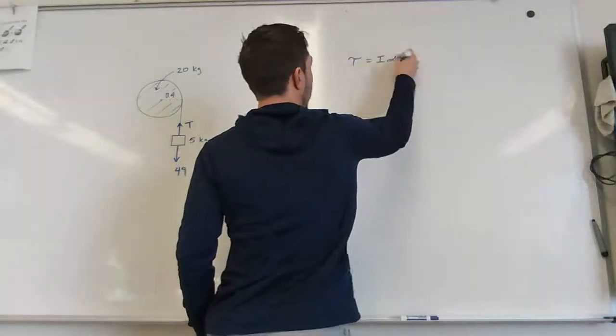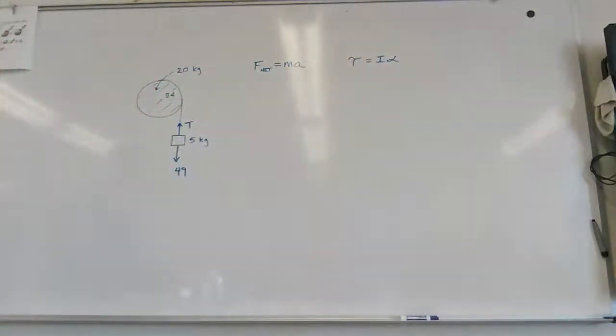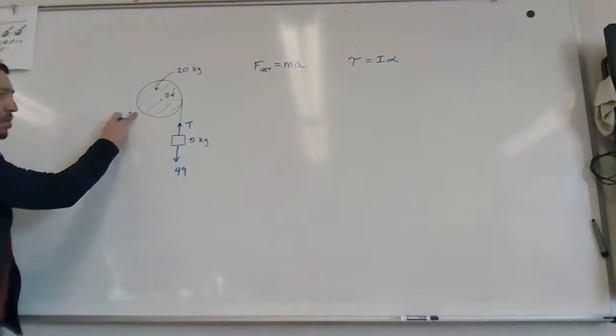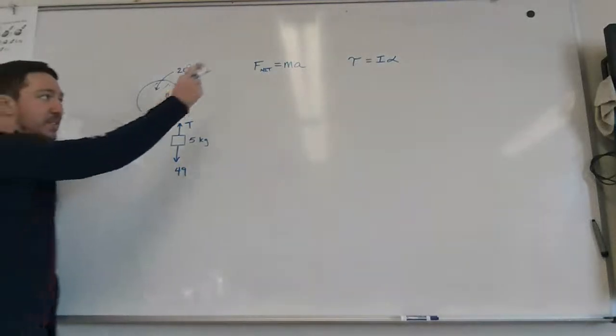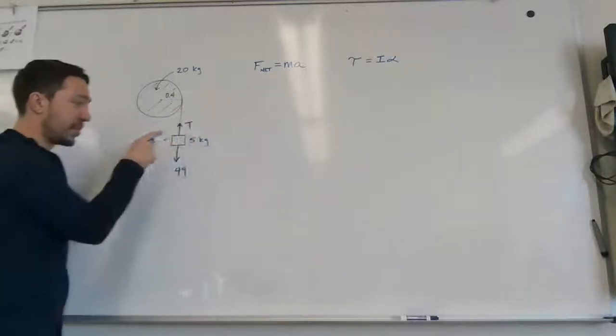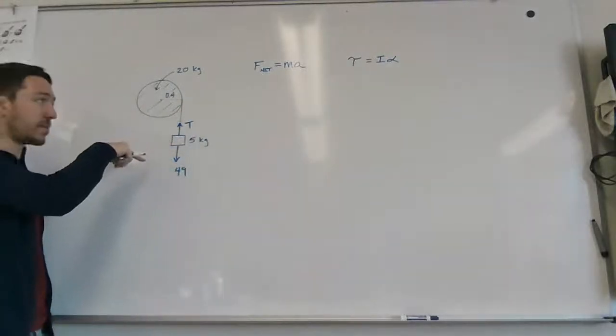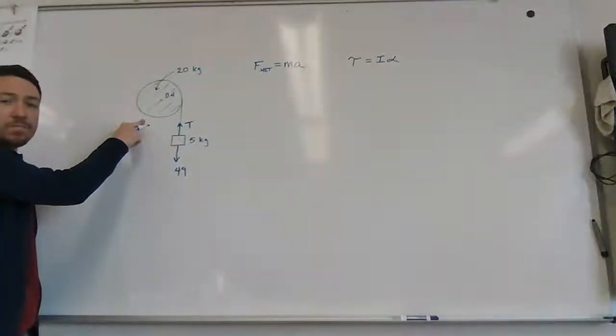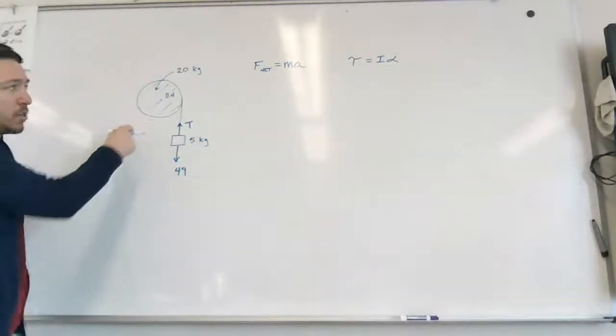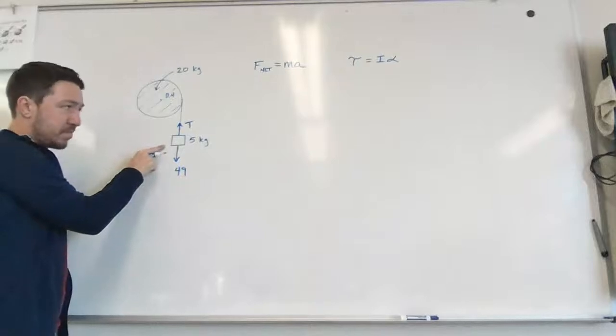Guess what we're going to use that formula to talk about? Alpha, angular acceleration. So we're going to use this formula to describe the block moving up and down, and simultaneously use this formula to talk about the wheel's rotation. So let's write the formula for the block. Go ahead and do that.